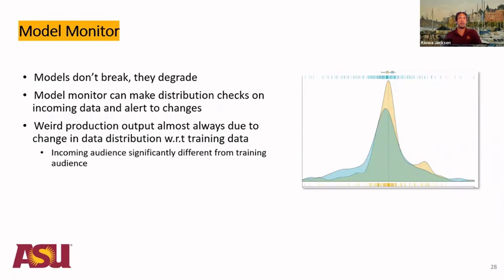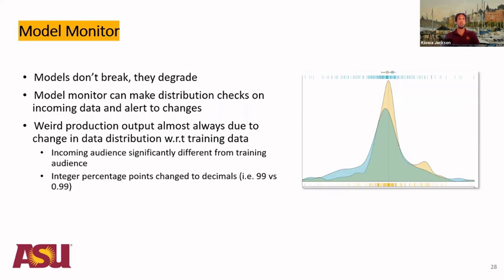Examples can be that, for instance, now with COVID, maybe you have an audience that's significantly different from the training audience, with more people online. This is totally valid, but it's good to be aware that you have that difference in distribution. But there can also be other mistakes, like percentage points changed to decimals.